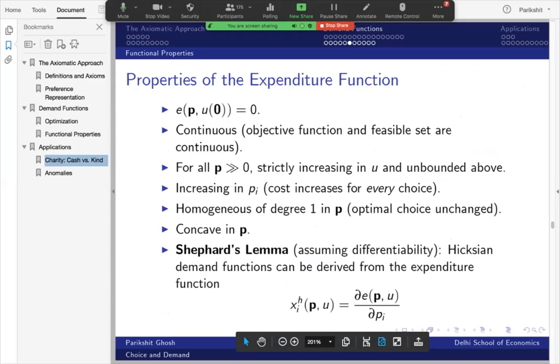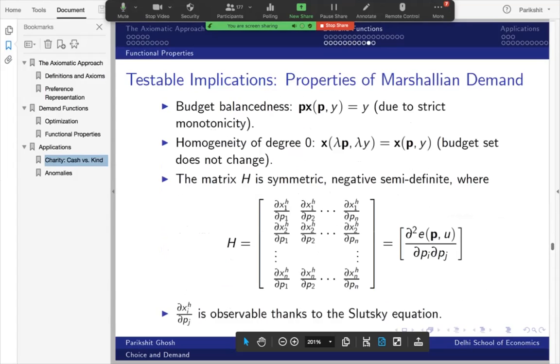Shepard's lemma gave us this relationship that if you differentiate the expenditure function with respect to the ith price, you get the ith Hicksian demand function. It follows straight from that if we take the cross-partial derivative of the expenditure function, first with respect to pi and then with respect to pj, that's the same as the derivative of the ith Hicksian demand function with respect to the jth price. And that is the substitution that we have done here, right? We start with this, and then that becomes this matrix of the first derivatives of the Hicksian functions.